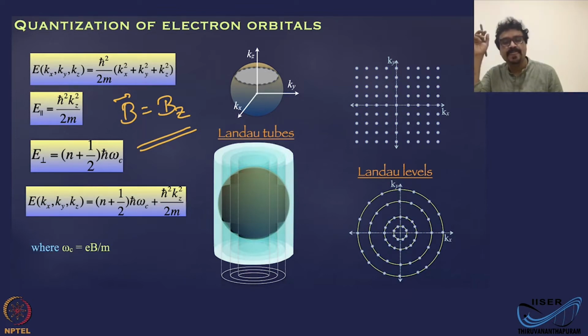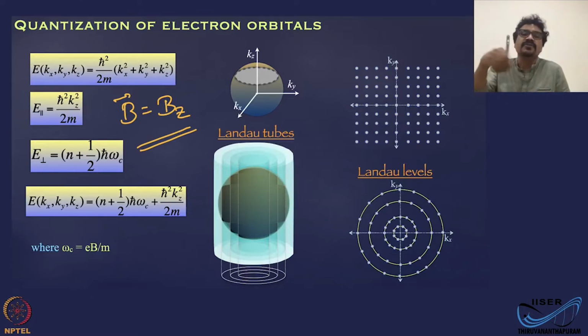Okay. Now, the moment you apply a magnetic field, parallel to the direction of the field, nothing happens, because the magnetic field cannot affect anything in that direction. But in the plane where the electron motion is perpendicular to the field direction, it will undergo a cyclotron motion.